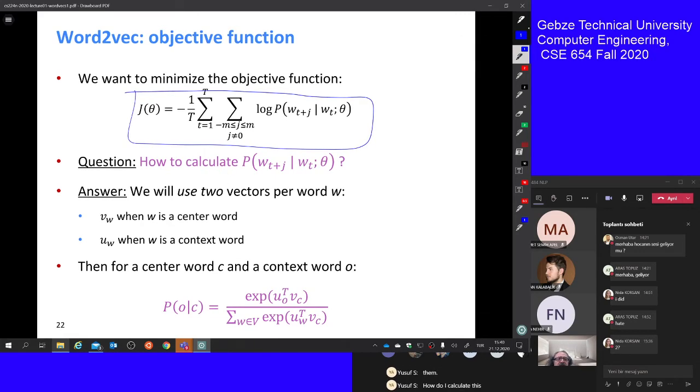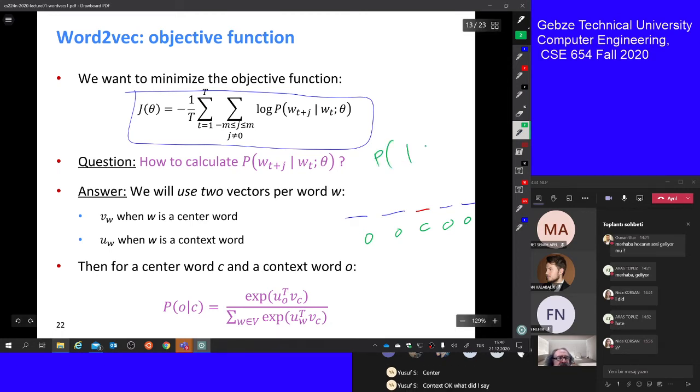We will use 2 vectors per word. Remember the picture, I'm going to draw it again. Center, context. What did I say?